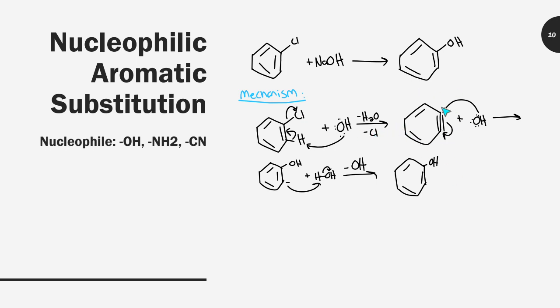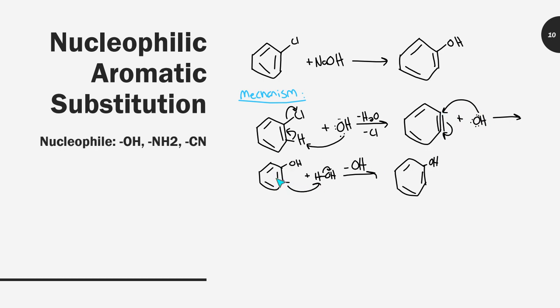And I end up with benzyne, which has a triple bond here. Okay, so this is unstable. This does not want to stay like this. So now this hydroxide is going to act as a nucleophile and donate a pair of electrons to one of these triple bonded carbons, which will break that triple bond and move these bonding electrons to this carbon.